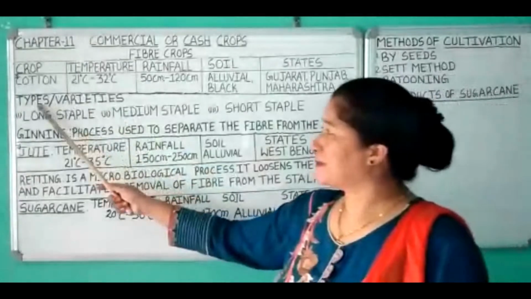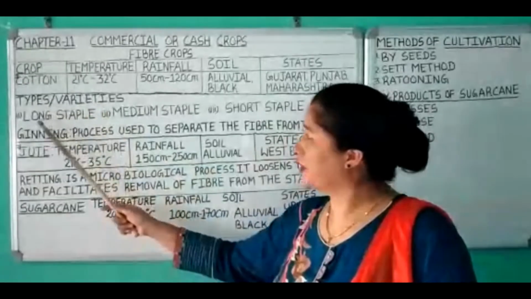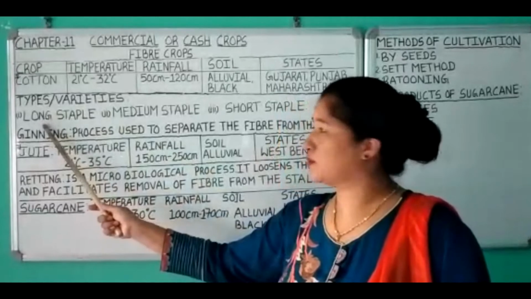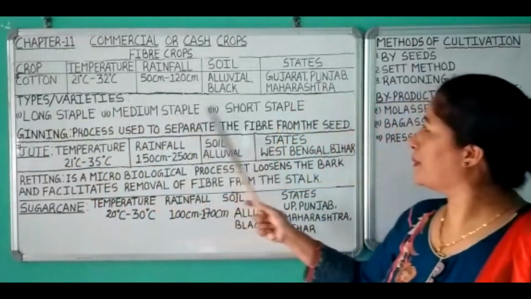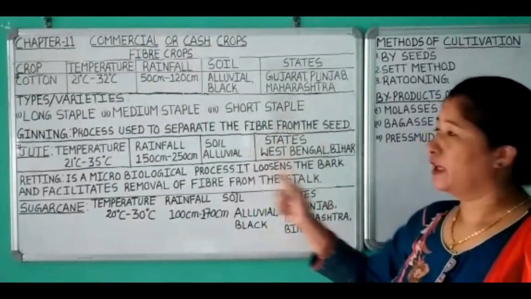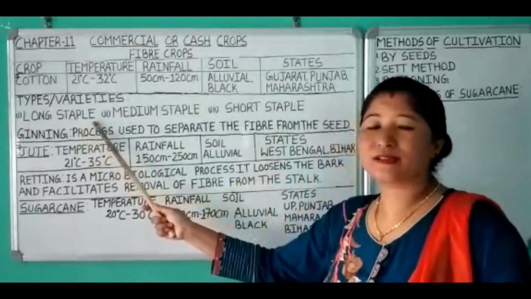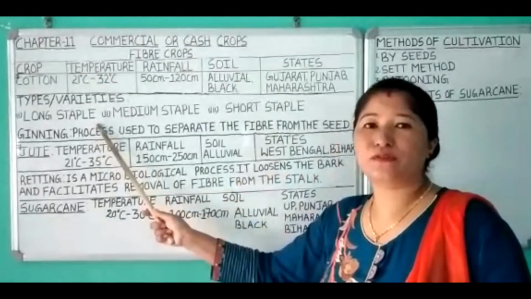Now, types or varieties. There are three types which are grown in our country: long staple, medium staple and the short staple. Now this word staple means the length of the fiber.